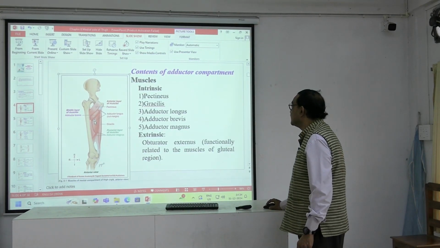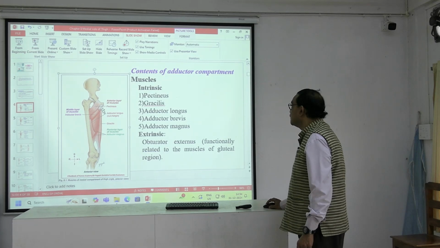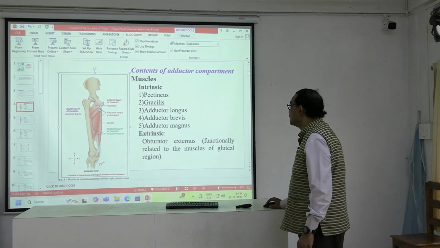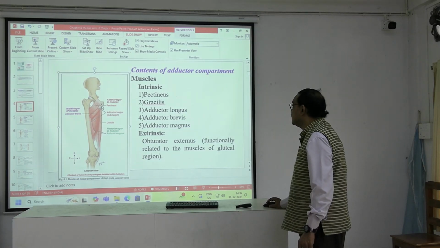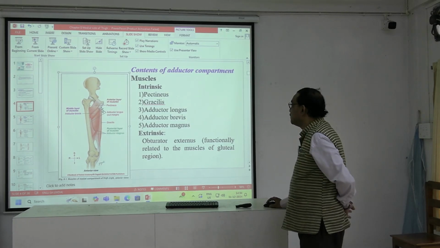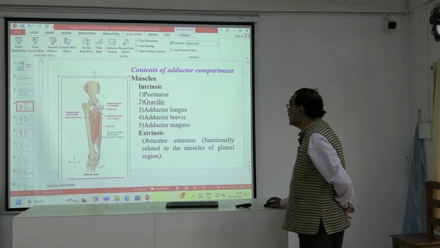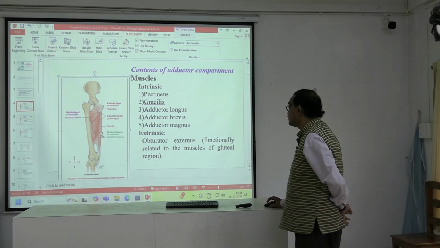Then we can get another muscle, which is cut. This is the upper part and this is the lower part. This is the adductor longus muscle. This part is cut to reveal other two muscles, that is the adductor brevis in the upper part, and in the lower part this is the adductor magnus.